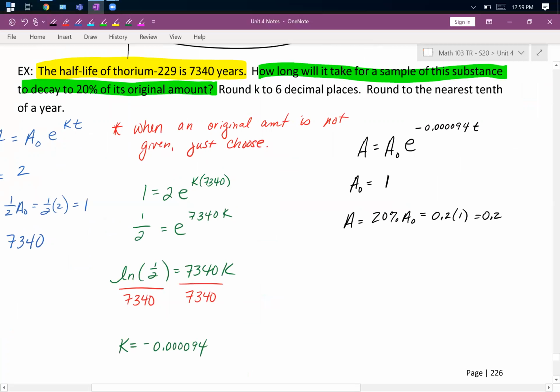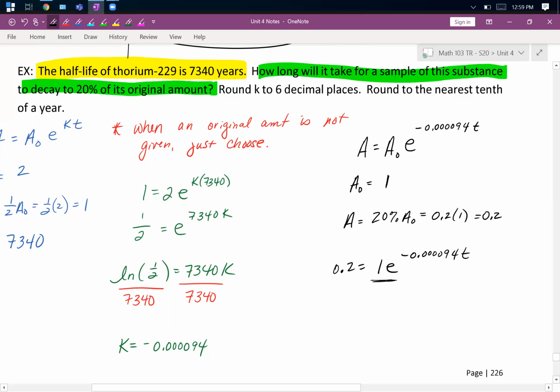We're ready to plug in and solve for t. So 0.2 equals 1 times e to the negative 0.0000094 t power.